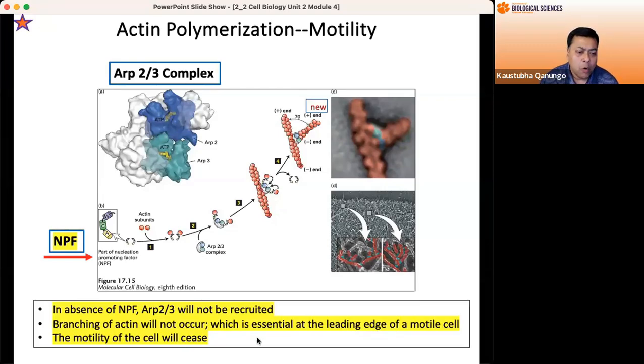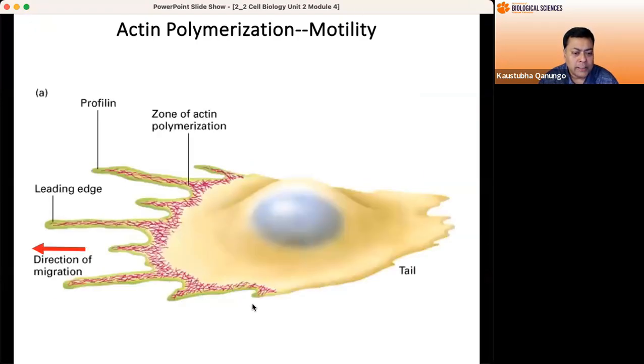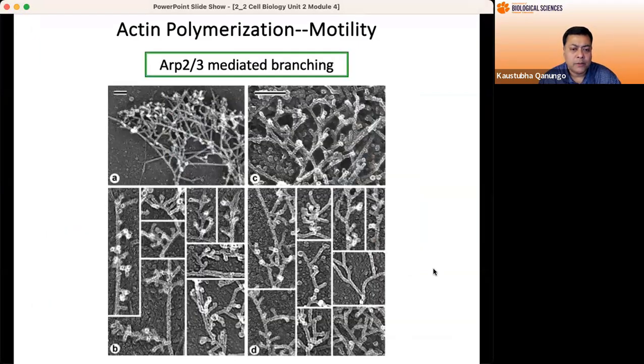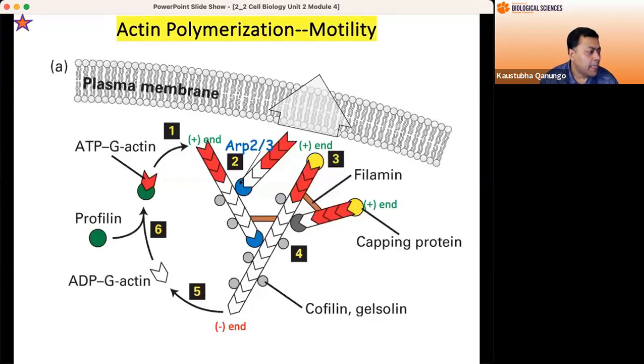What can happen if you do this, or if you just have an inhibitor of NPF or an inhibitor of ARP2/3? If we tell you that it's a motile cell, you will understand that this branching will not occur, which is essential for a motile cell, and any movement will essentially cease. So this is the type of question we can ask. These are the mediated branching that you can see.